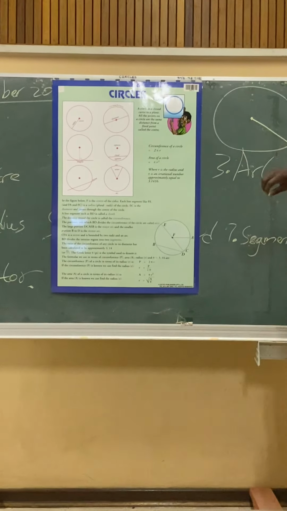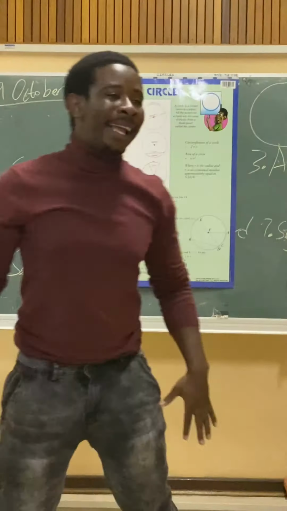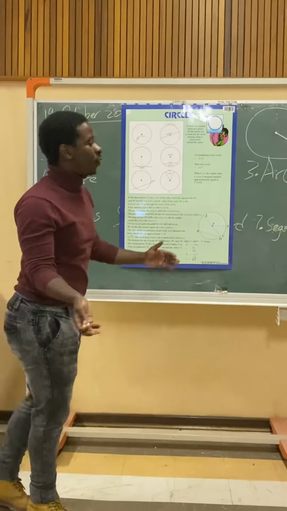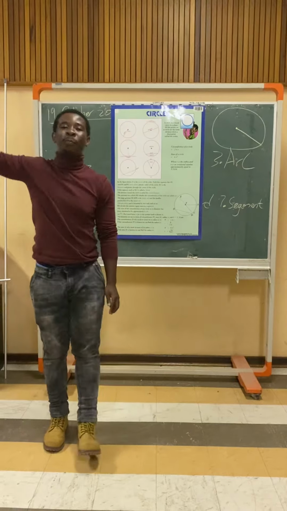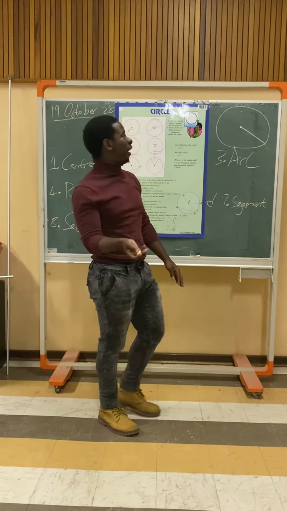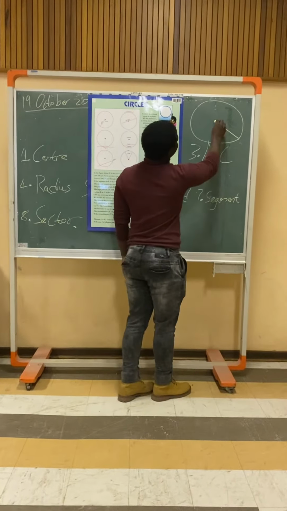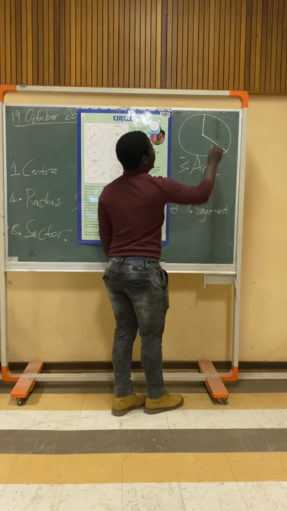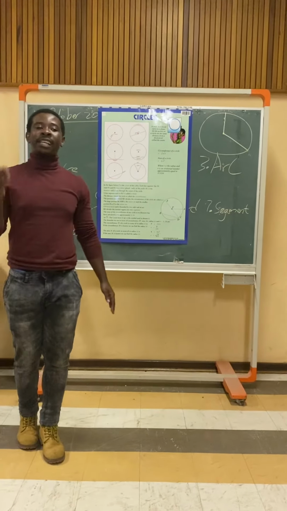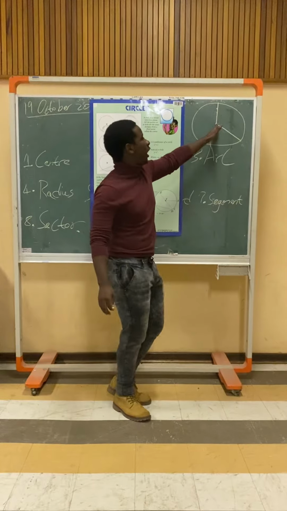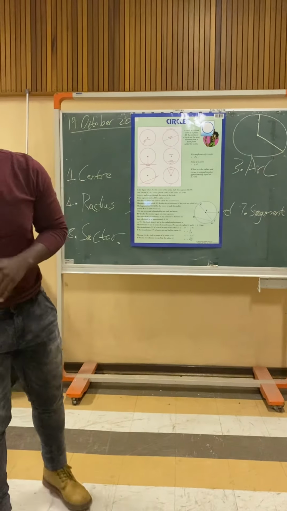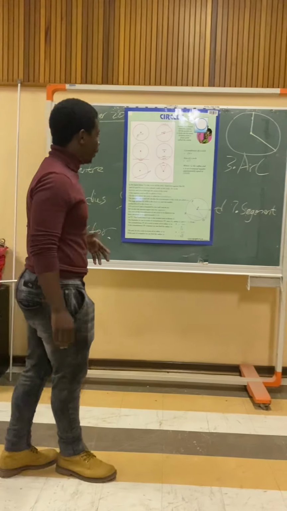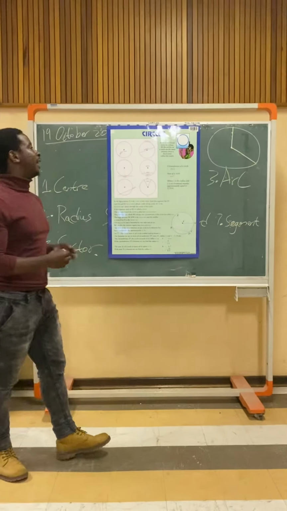So our radius can be from any point of the circumference to the center, or from the center to any point of the circumference. Going up, it's still a radius, as long as it's from the center to any point of the circumference. Are you sure, class? Yes. Okay. Then we move on.